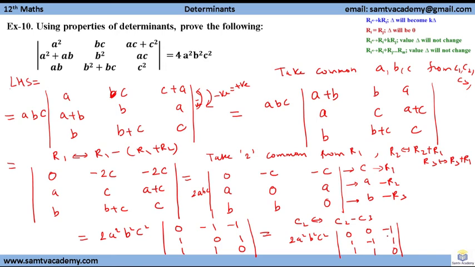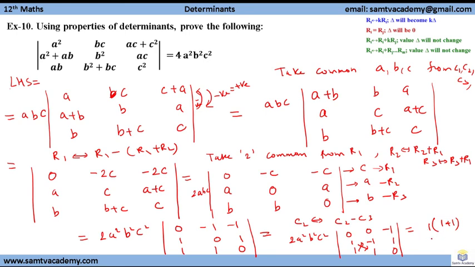Now if you expand along this, there is a minus sign and one more minus, this will become positive. So if you expand this, you will get 1 and this and this, minus of minus 1 plus 1, so this is 2.